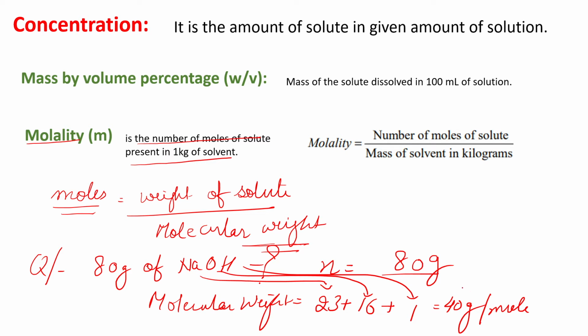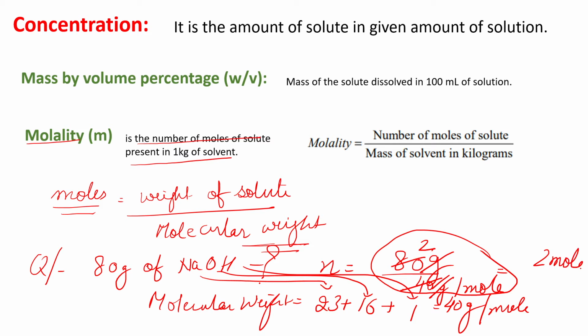Molecular weight is defined as the weight of 1 mole of a compound. So 40 gram per mole. Please pay attention to the units. So if I divide 80 by 40, it is 2. Gram is cancelled by gram. So the mole is in division over here, so it comes out to be 2 mole. Got it? This is how you calculate the number of moles.